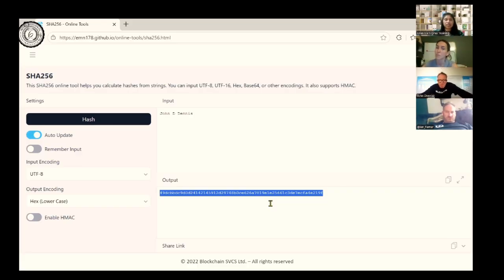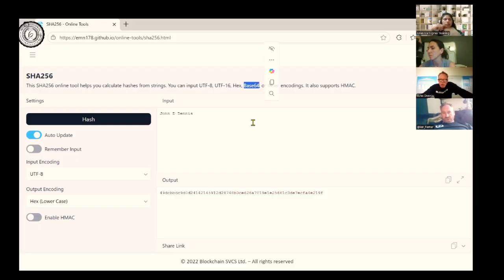Doesn't look like 64, but it could be. I might be wrong. This says it could actually be base 64. We have to look up whether base 64 is the same as hexadecimal, because these are the sorts of things that make you a lot smarter in the class, right?